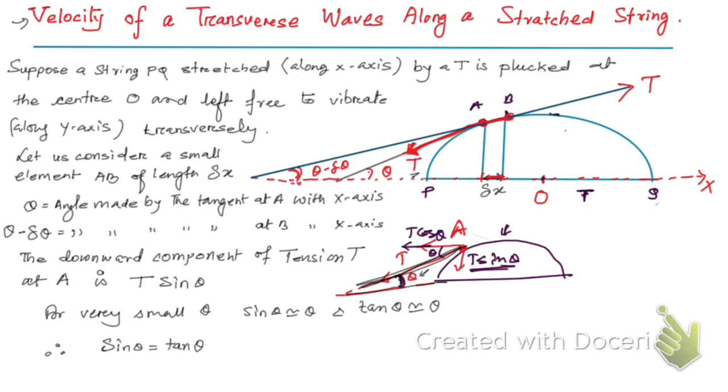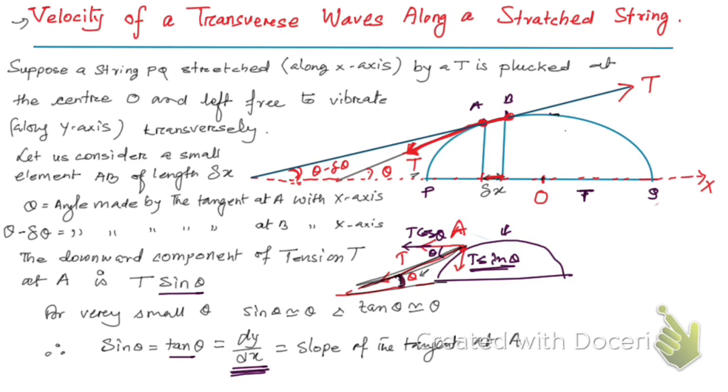Okay, so we can write tan theta, which is nothing but dy by dx, which is the slope of the tangent at A. So we can say that sine theta can be replaced by tan theta, and hence tan theta can be replaced by dy by dx, from this equation.